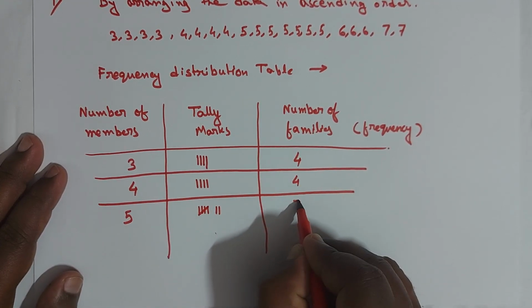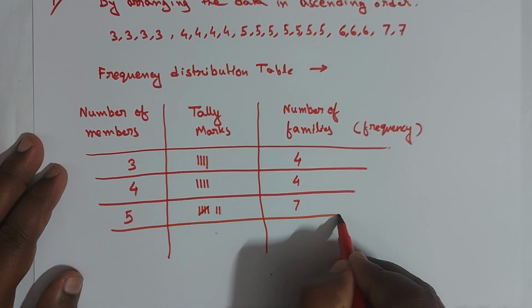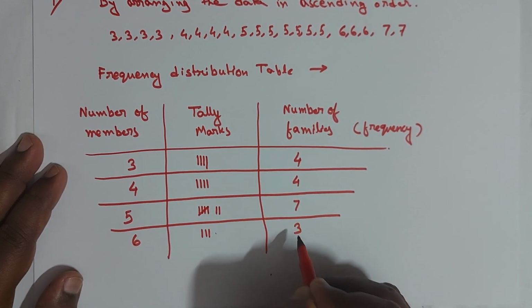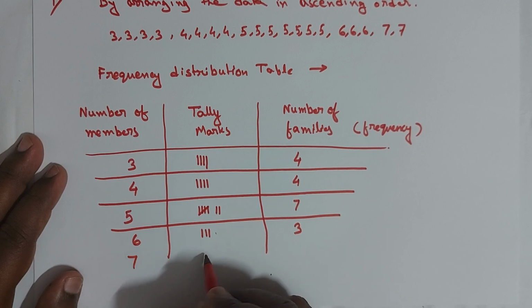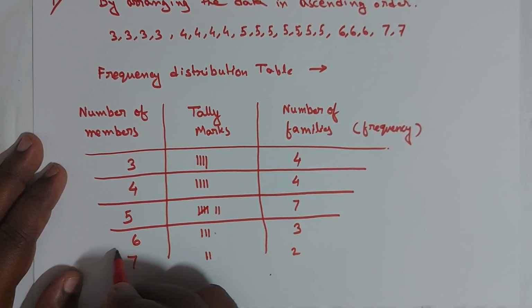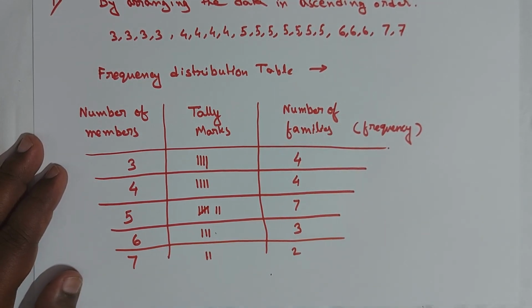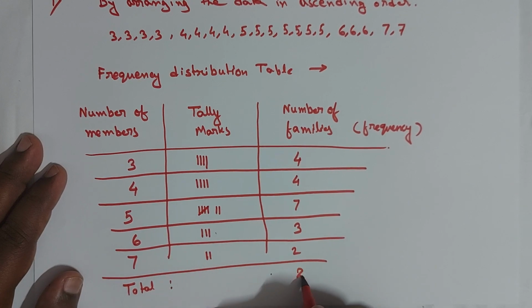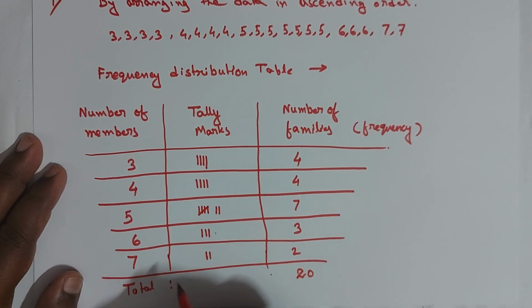Okay, this is 7 times. Then 6 is 3 times. Then 7 is 2 times. So this is our frequency distribution table. So total is 20.